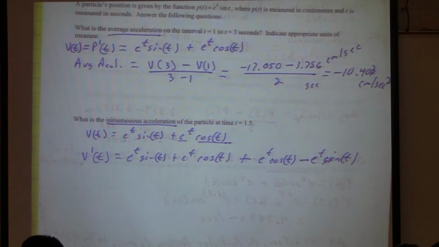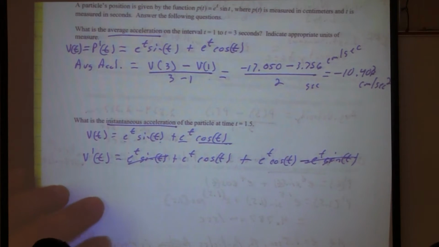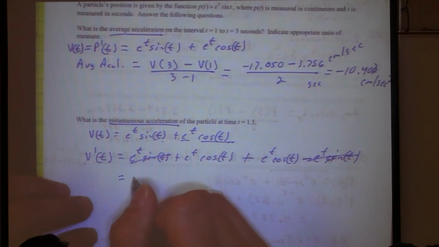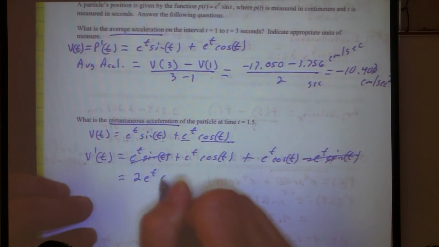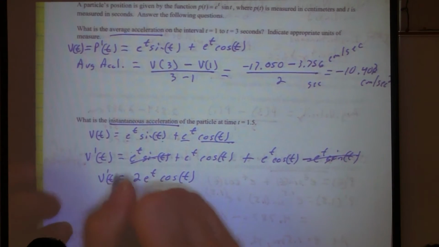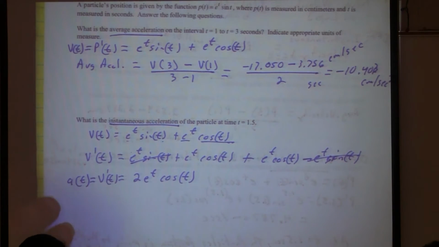So does something cancel out? The e to the t sine of t? So how many e to the t cosine of t's do we have? 2. So we have 2 e to the t cosine of t, and that's equal to v prime of t, which we could also say is a of t, right? The acceleration.